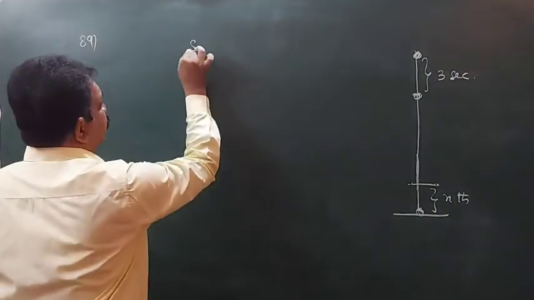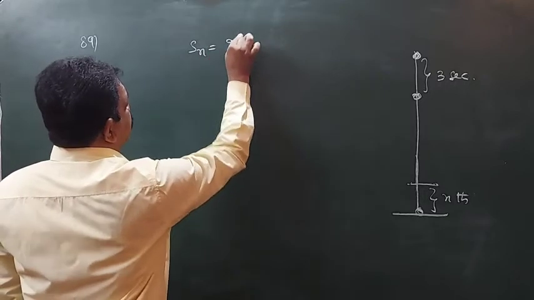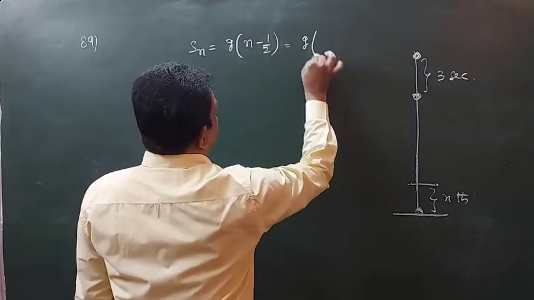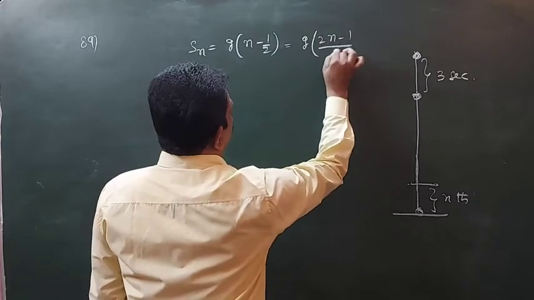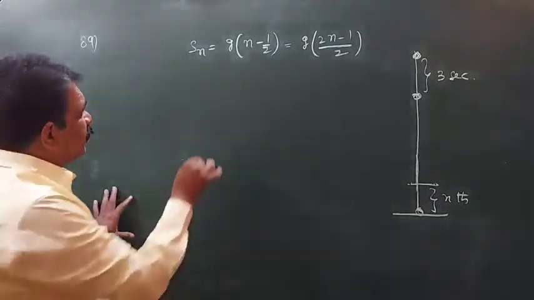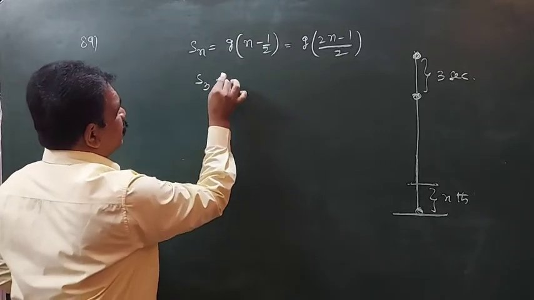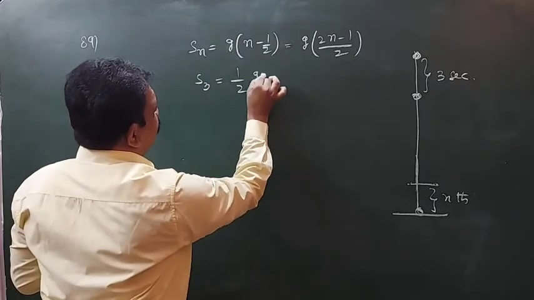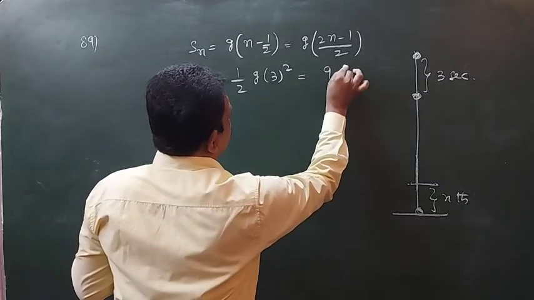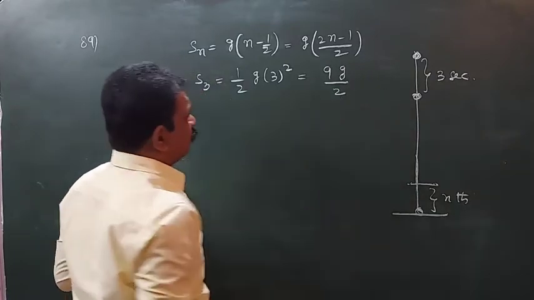So Sn is equal to how much? g into (n minus half), g into (2n minus 1) by 2. In the first 3 seconds, how much distance will it cover? 1 by 2 g into 3 square, this is 9g by 2.